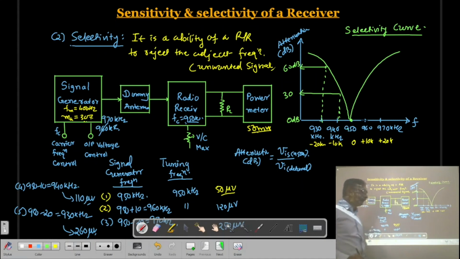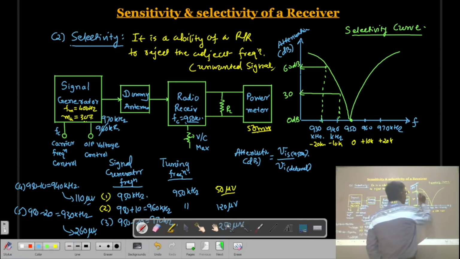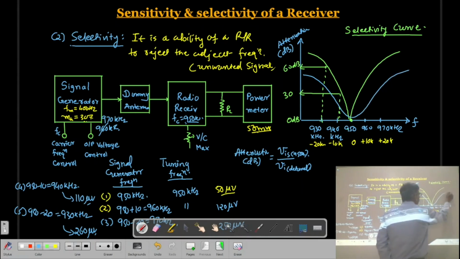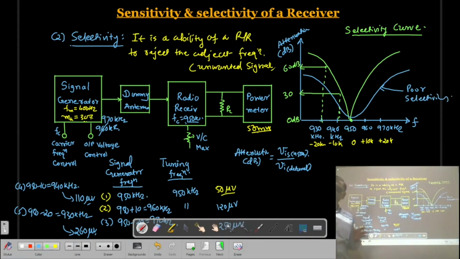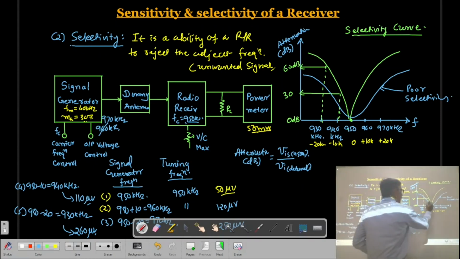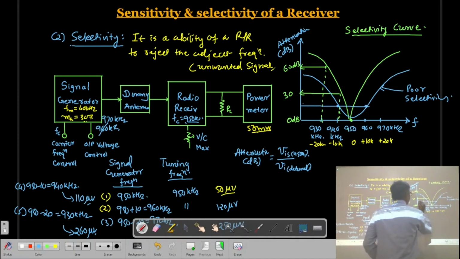Now, remember, if my selectivity curve is like this, you can say it is poor selectivity. Because it is going to be broad, and for this 940 or 960, the attenuation is very less.